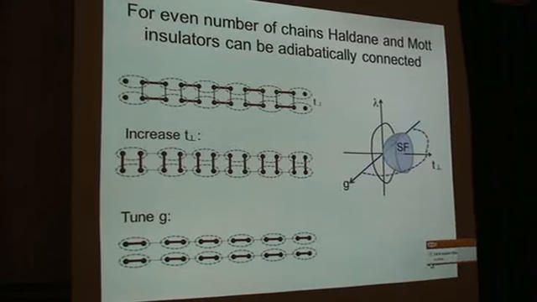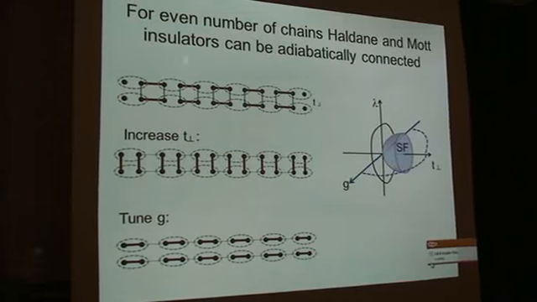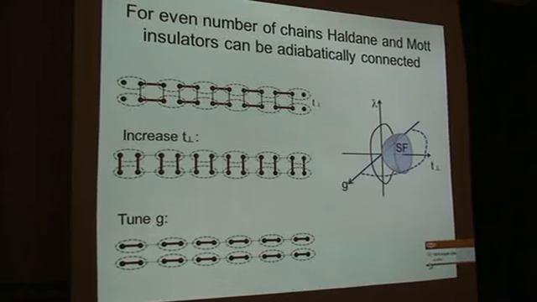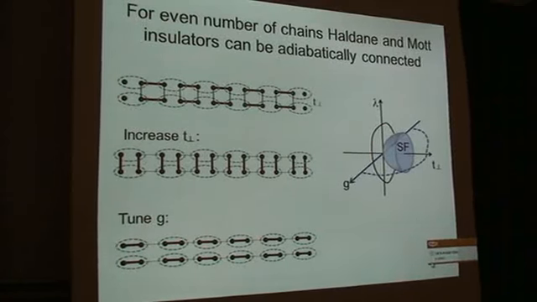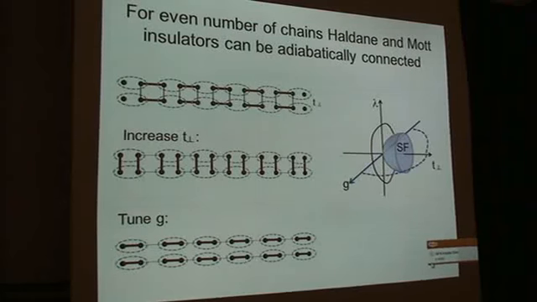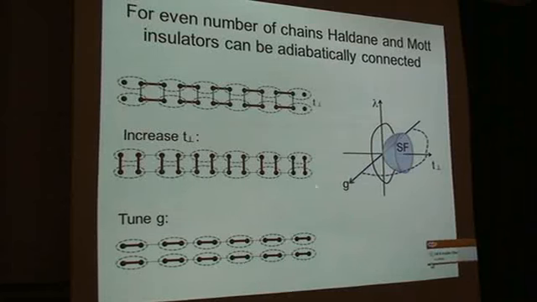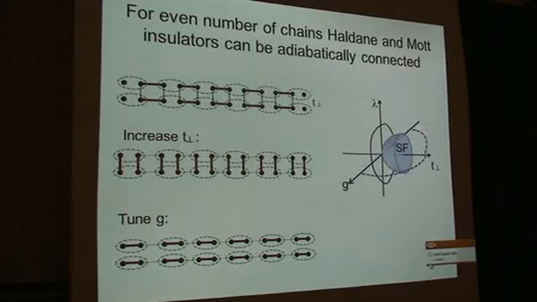So you have gone from this non-trivial phase, where there are singlets across sites, into a trivial phase where there are singlets inside. I'll show you in a second that this is true also for a generic model, not just this toy model. But if you believe me for now, there is a connection between the Haldane insulator and the Mott insulator at strong coupling.